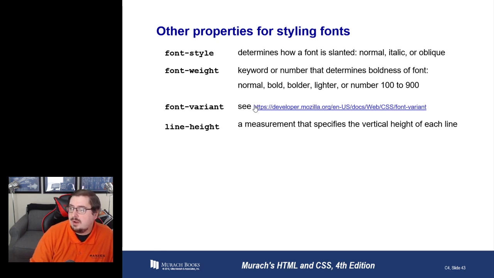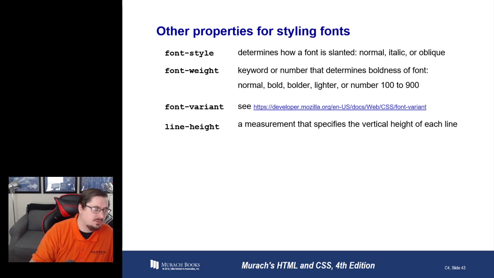The font weight can be specified in a few different ways. With keywords, which would be like normal, bold, and then bolder or lighter. You can use any of those to specify how bold it is, or you can use a number. The numbers go from 100 to 900, in multiples of 100.